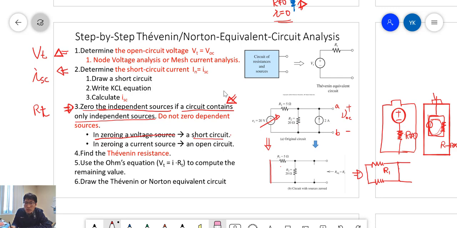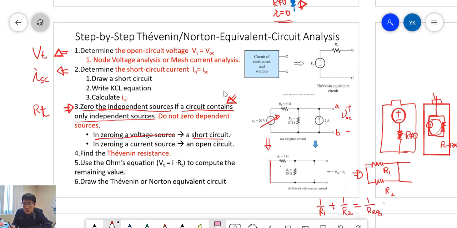By using the combination of resistances in parallel, we can calculate R equivalent, which means that 1 over R1 plus 1 over R2 is 1 over R equivalent.